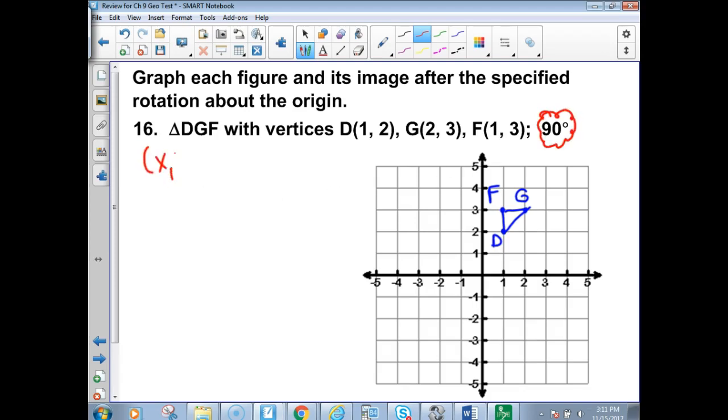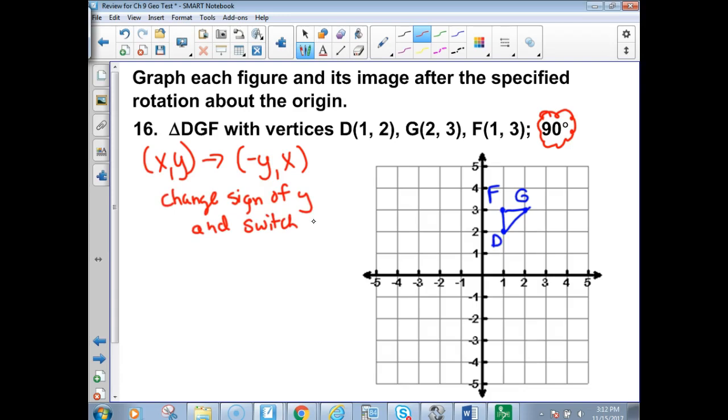The rule for rotating 90 looks like this. It says take your points X and Y and do -Y, X, doesn't it? Okay, which means you're going to change the sign of Y and switch X and Y. All right, so D prime will be at -2, 1.